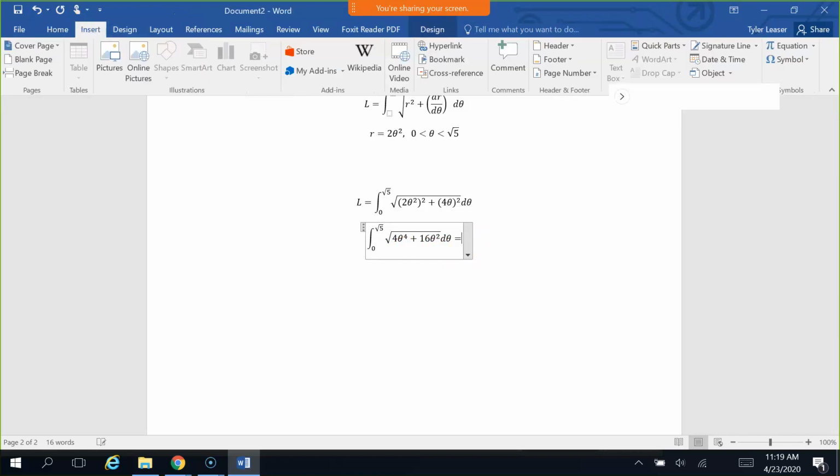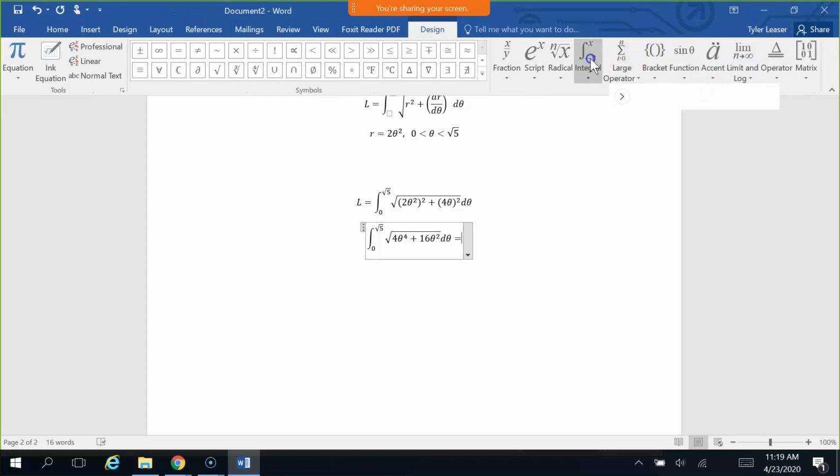And I think what we should do here is we should factor the 2 terms that we have. So we still have the integral from 0 to square root 5, but inside the square root, I'm going to factor a 4 theta squared out of both of these terms. We'll be left with just theta squared plus 4 d theta.